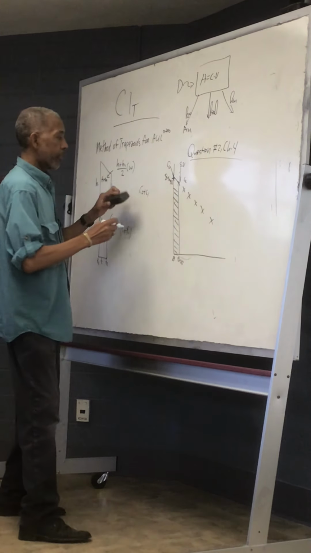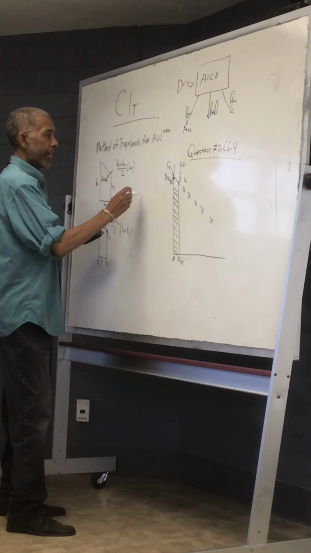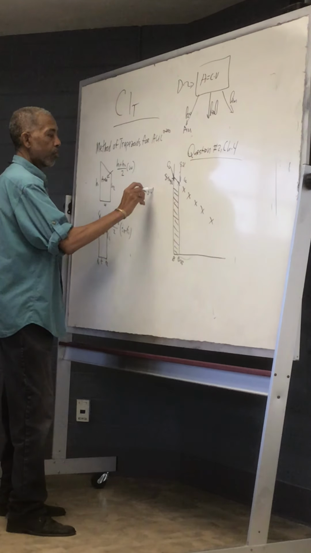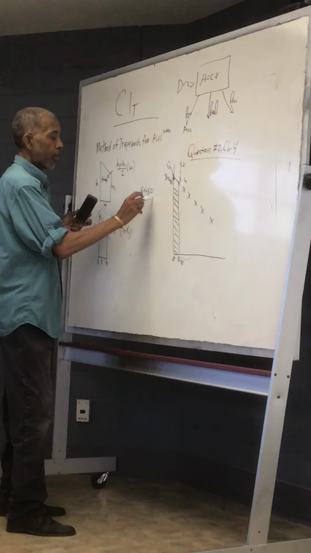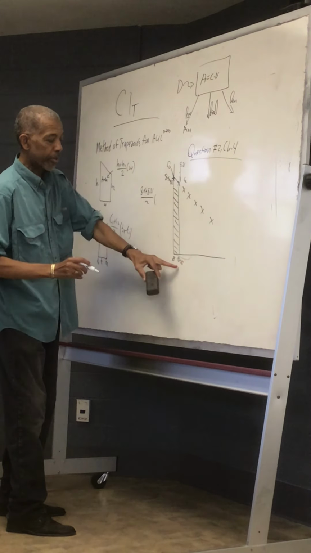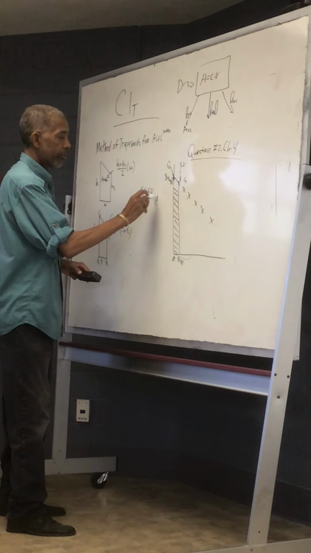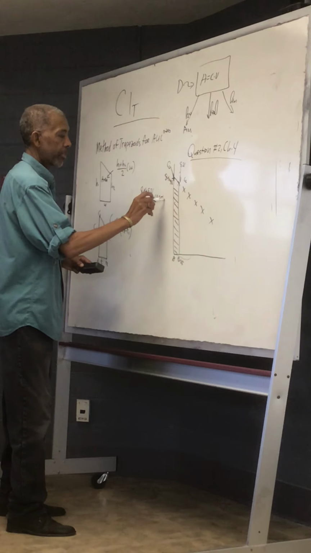So that first trapezoid has an area of 8.4 plus 8.21 milligrams per liter, over 2, and the width of that trapezoid is 0.25 minus 0 hours, 0.25 hours.